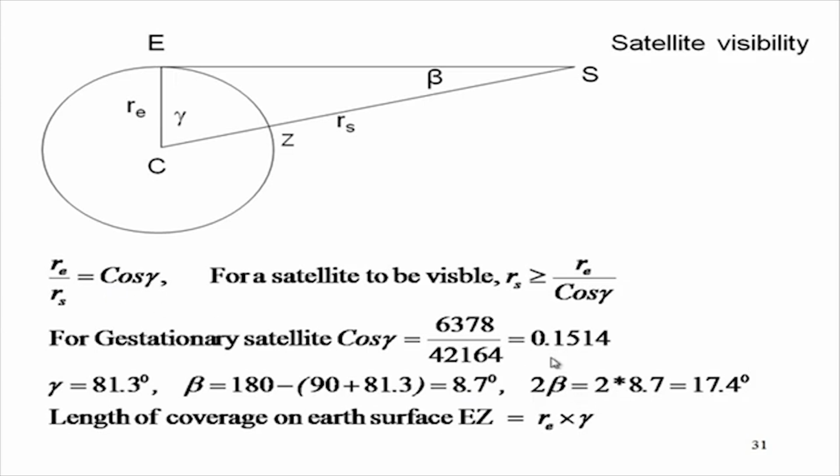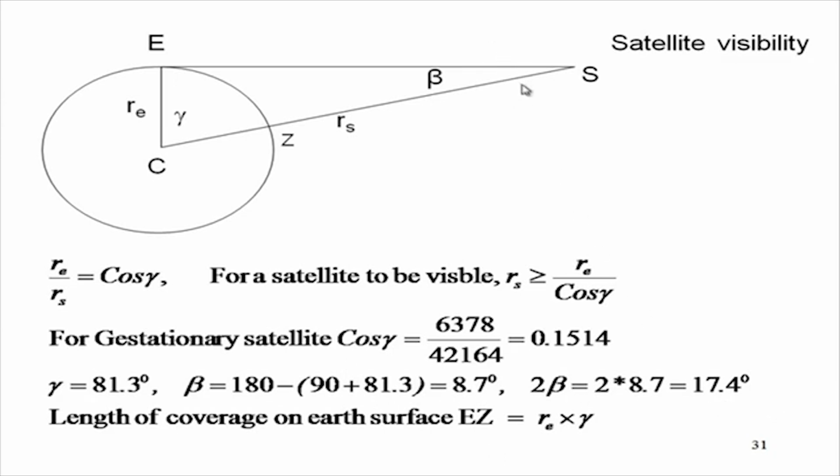So, in the case of a geostationary satellite, cos gamma is equal to RE by RS. Put the numbers, you will get 0.1514, and from that you can find out gamma is equal to 81.3 degrees, and the angle from the satellite at which the Earth is visible is 90 minus 81.3, which is 8.7 degrees. Double of that is 17.4 degrees.